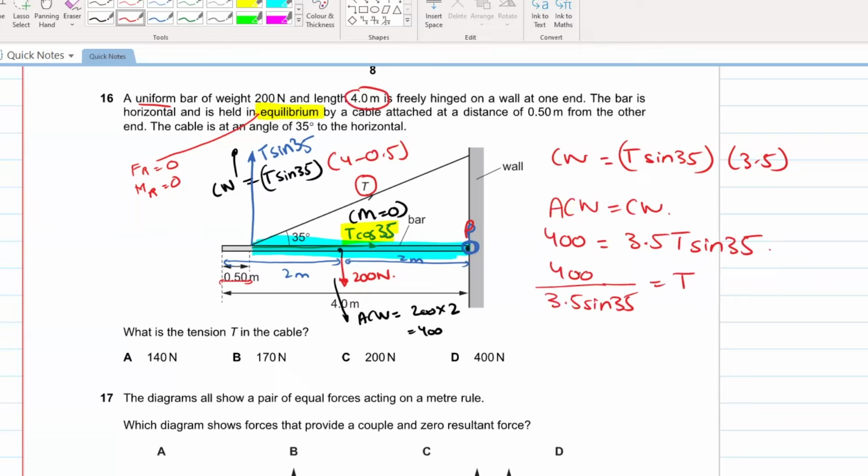Can you calculate the value of tension by 400 divided by 3.5 into sine 35? This comes out to be 119.16 newtons, the answer is C. Simple as that. Let's further move ahead.